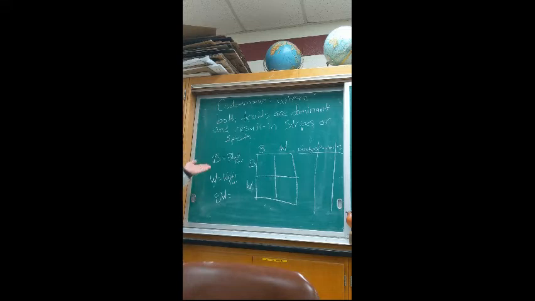So in this case, we symbolize both traits with capital letters. The capital B is going to be black fur, the capital W is going to be white fur in this example. If I have a parent that is homozygous dominant, in this case capital B, it would be a black furred parent. Both traits are dominant, they're both equaling each other out, that's why we have spots or stripes.